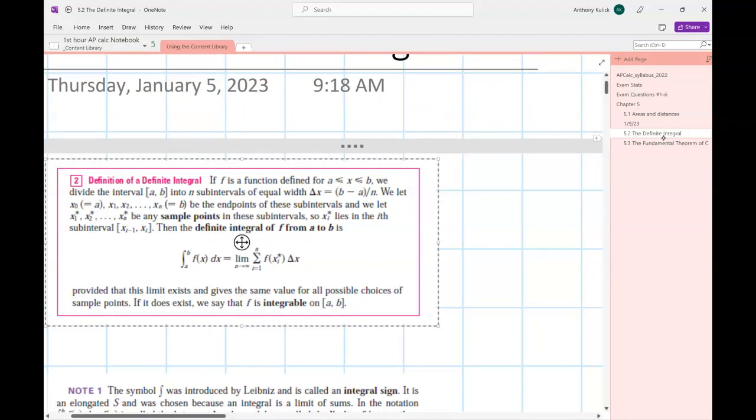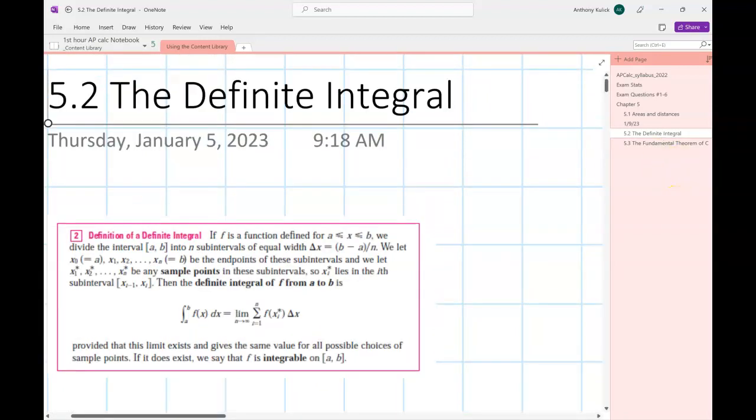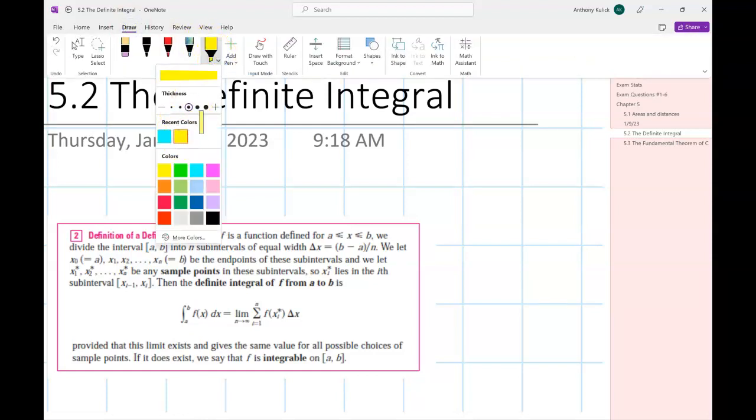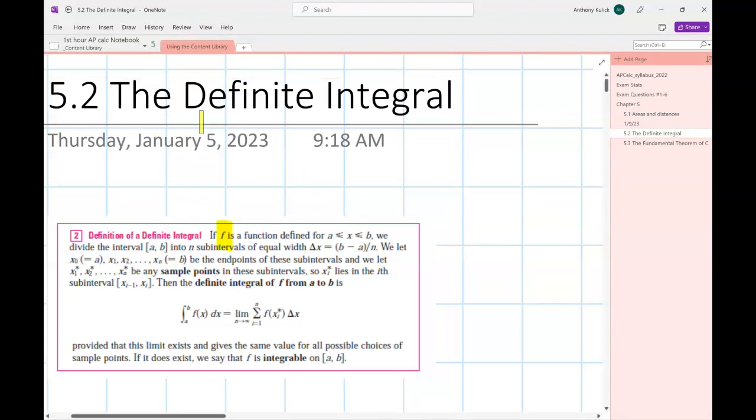All right. So 5.2 is largely, at least the first big chunk of it, just an info dump. We're going to take these ideas that we developed in the last section, and give them a name. So let's say we have f, and that's just some function defined on the interval from a to b.